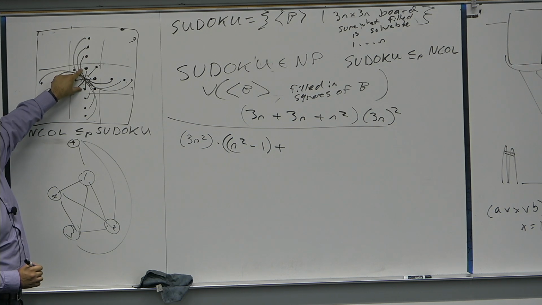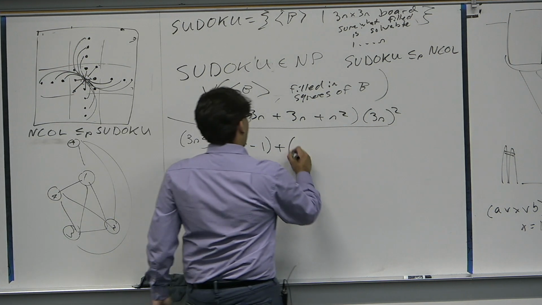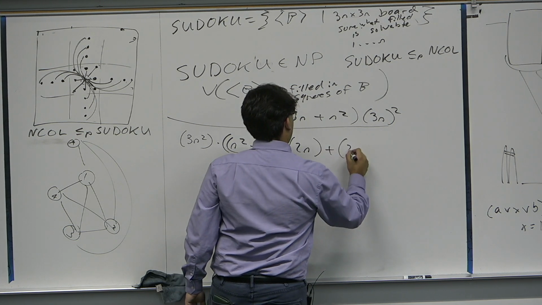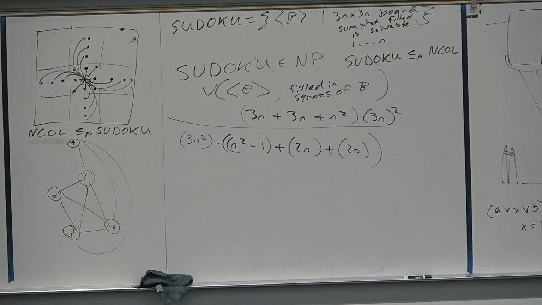Forget these because we already did those. So 2n, 2n. There are a lot of edges. It's only 2n. Column, right? Whatever that is, it's a polynomial. There's a polynomial number of edges that must be written down on the first gadget.